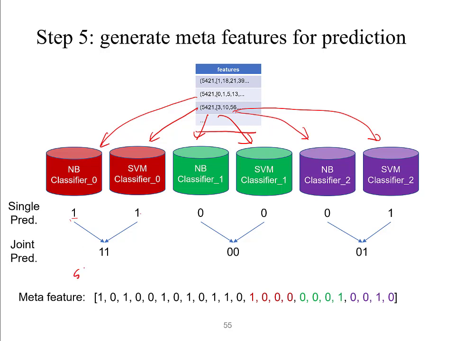Here you need to make sure that you're using the same pipeline. Or say if you're not using the pipeline, you need to fit on training data and transform in this step. All right. So in this case, you would have the meta features formed like this. I believe you all know how it comes from.